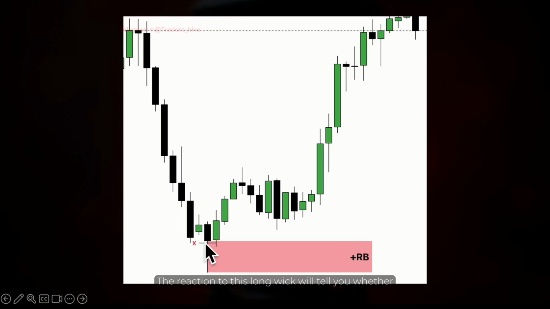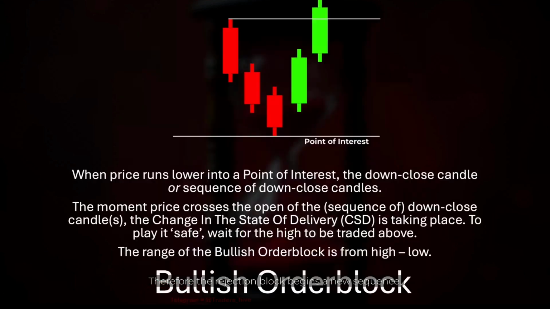The reaction to this long wick will tell you whether or not order flow is changing. Meaning, this rejection block right here is functioning as support on price. And that tells you that you can now monitor whether or not the next discount arrays are going to get created. Therefore, the rejection block begins a new sequence.